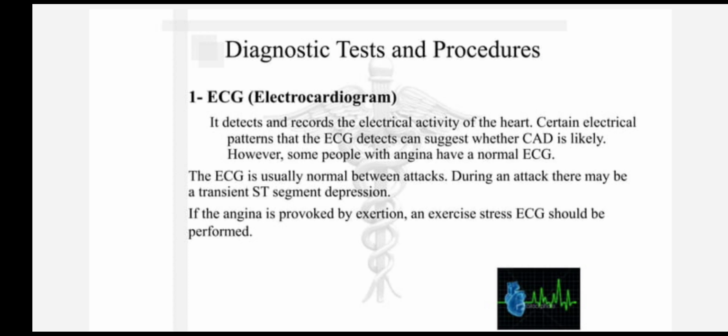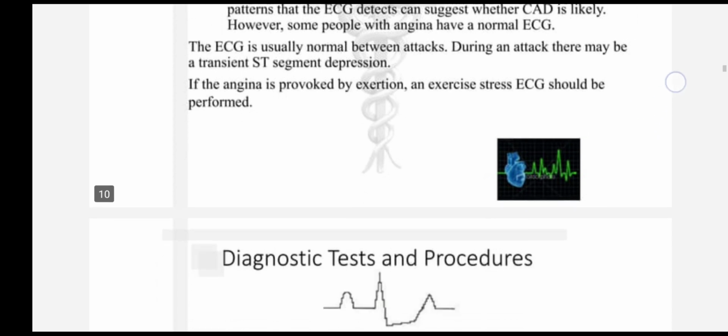However, some people with angina have a normal electrocardiogram. The electrocardiogram is usually normal between attacks. During an attack, there may be a transient ST segment depression. If the angina is provoked by exertion, exercise stress ECG should be performed.